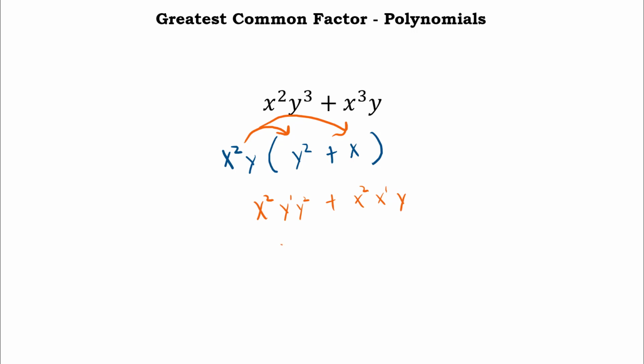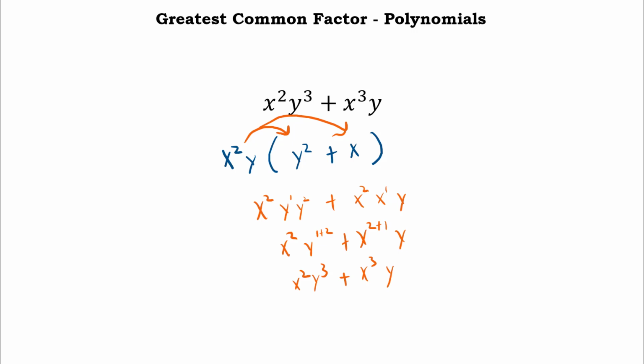Well, this simplifies down to x squared, and then y, 1 plus 2, which gives me x squared y cubed, and then x, 2 plus 1, and just a y, so that would give me x cubed y. I just wanted to check to make sure I had the right answer overall, and I did.